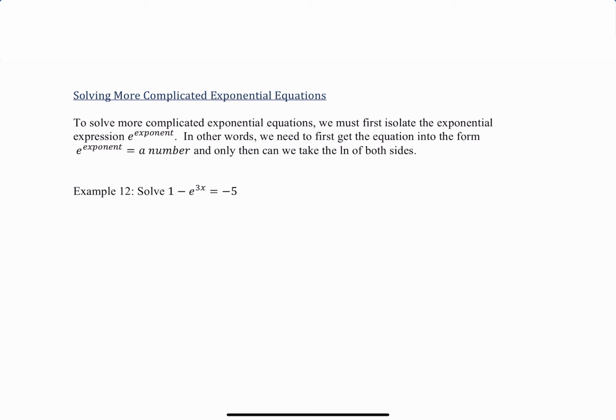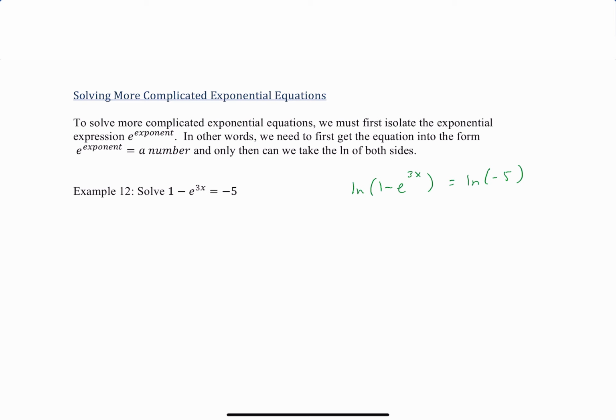And just starting with example 12, just to give you some idea of what would happen if I started here, taking the ln of both sides as they are. First of all, on the right-hand side, that log doesn't exist, right? We can't take the natural log of a negative number.